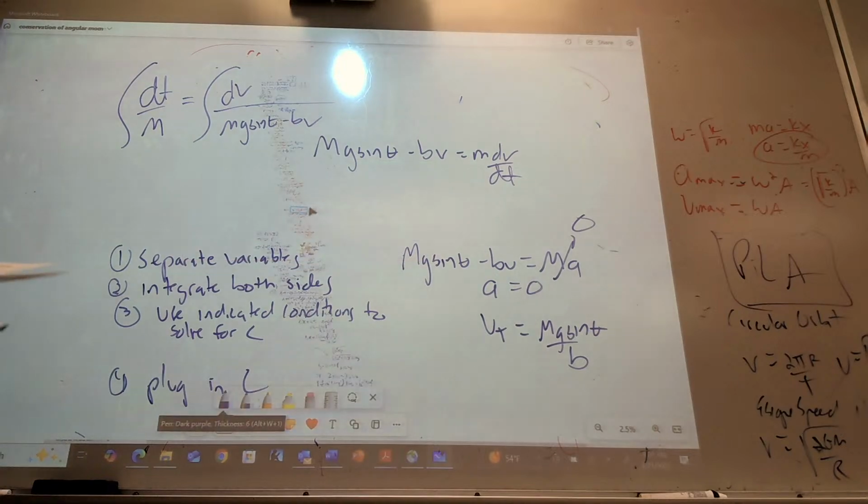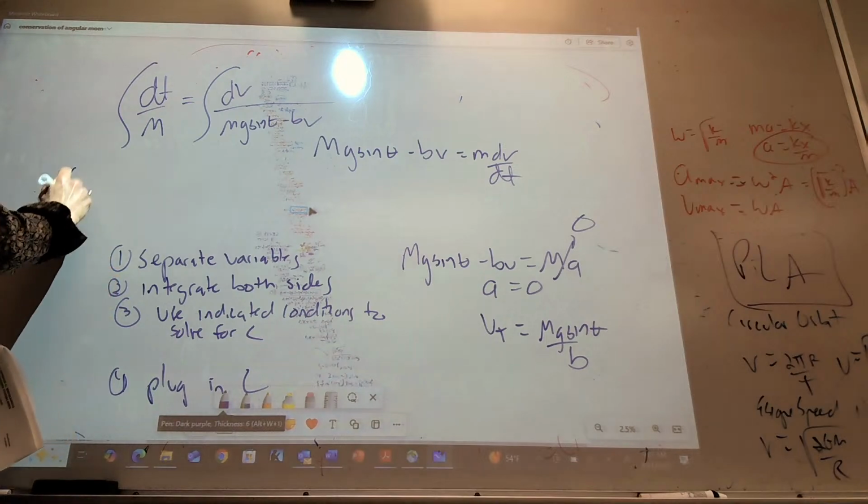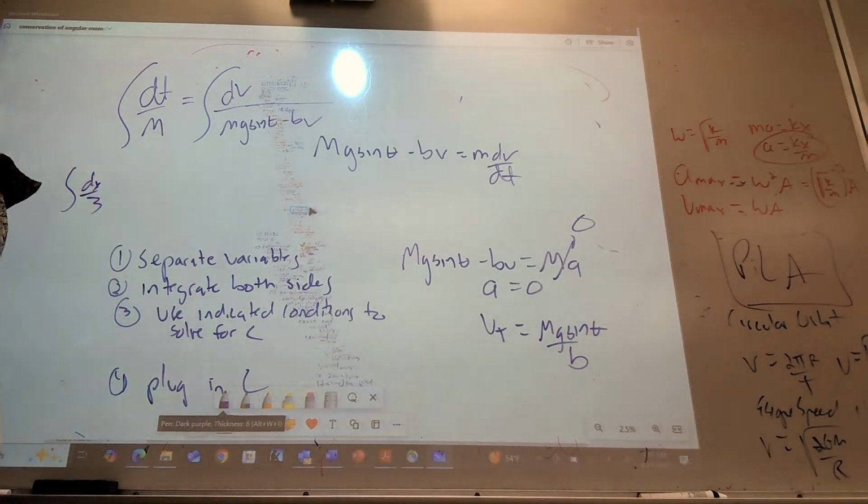What do I get when I integrate the left side? Can anyone tell me? It's just like if you had dx over 3. What would be the integral of that? m is a constant. It's not like having a variable in the bottom. There's no ln on this side right here.